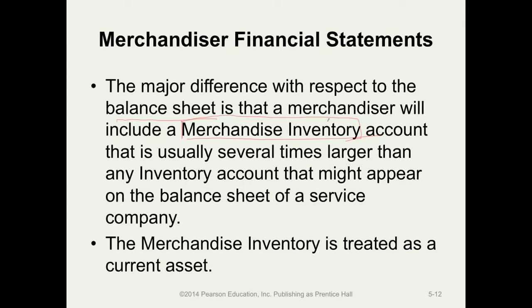When we looked at Smart Touch Learning, the only inventory they really carried was an inventory of supplies, which was not very significant. It was about $500, and it is very insignificant relative to the amount of inventory that a merchandising company will carry. And of course, the merchandise inventory is not only significant, but it is a current asset on the company's balance sheet.